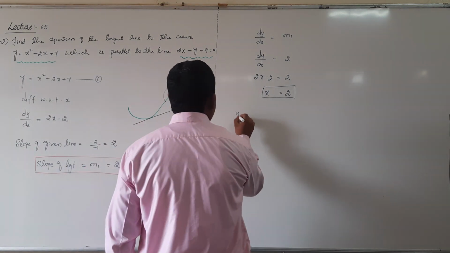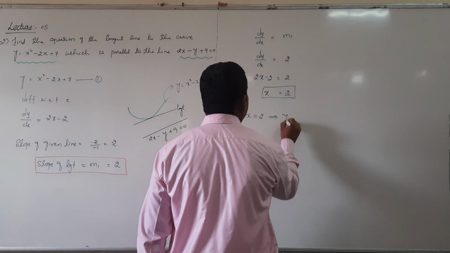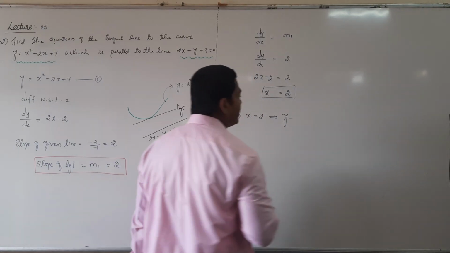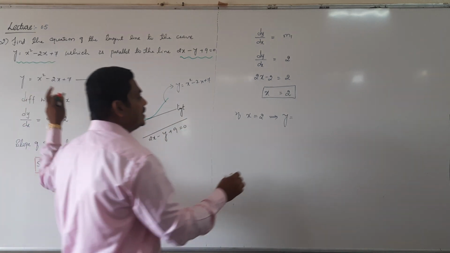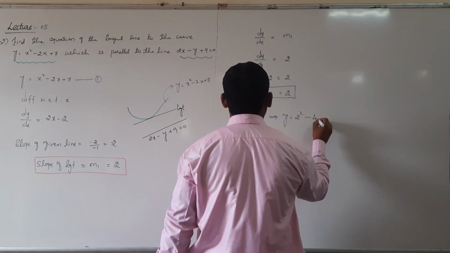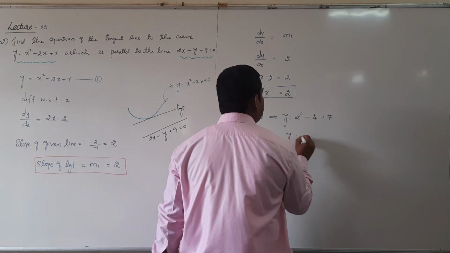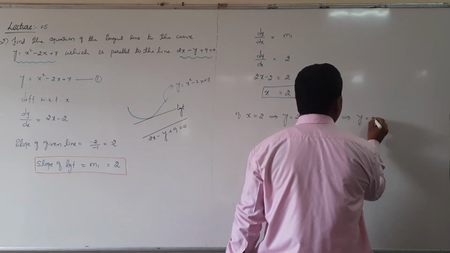Then if x equal to 2, what is the corresponding y value? Y is equal to, put x equal to 2 in the given curve, that is 2 square minus 4 plus 7.